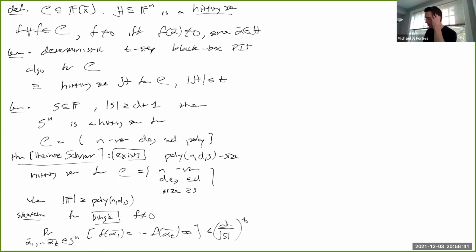So if d over s is at most a half, for example, then this is exponentially small in t. Every point that we add makes this drop by a factor of 2. So this is the Schwartz-Zippel Lemma applied to many independent random evaluations.